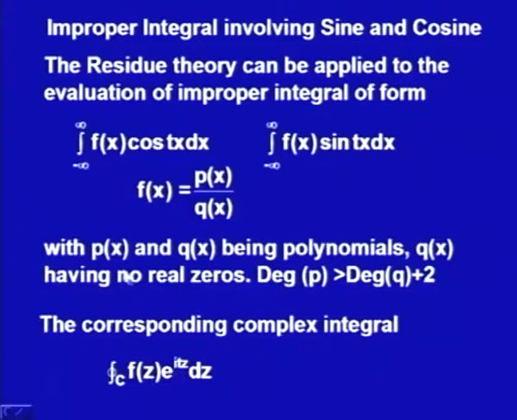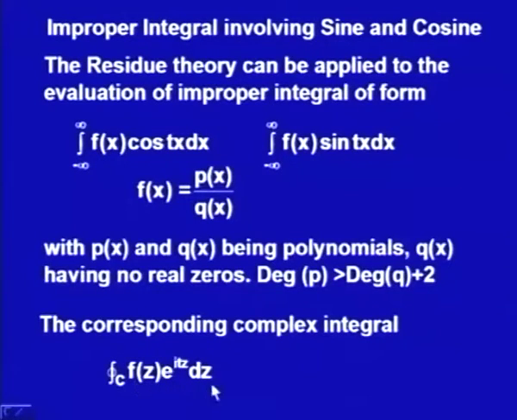We change this integral to a contour integral of the function f(z) e to the power i t z over some contour C, which we choose as a closed contour. By Euler's formula, e to the power i t z can be written as cos t z plus i sin t z.